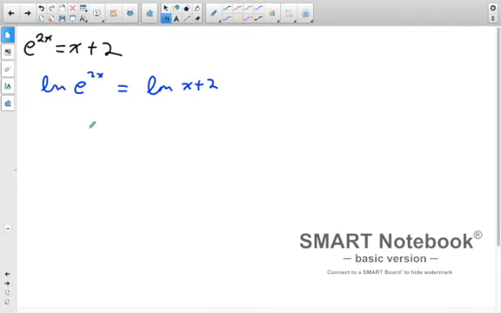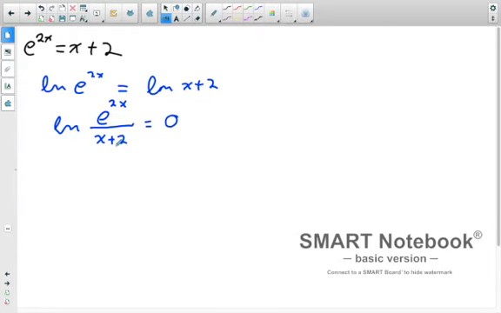And we could move everything over to one side of our equation. And this would give us the natural log of e to the 2x divided by x plus 2 equals 0. And of course, when the natural log equals 0, this thing equals 1.